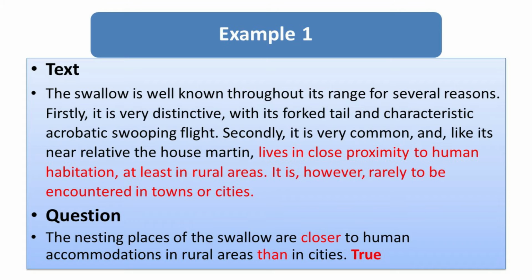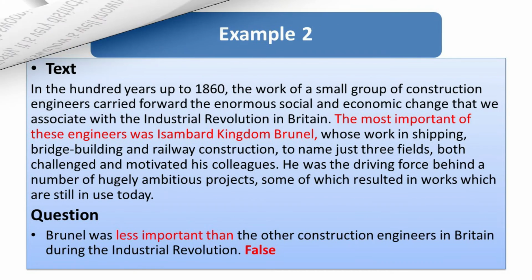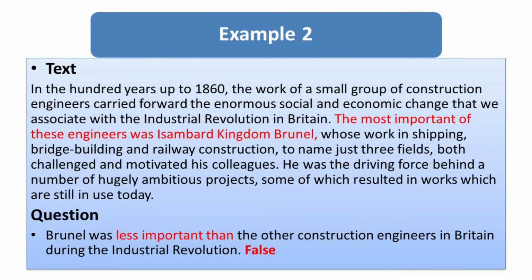When we read the text, we see that it is saying the same thing. In rural areas, swallows live quite close to the human population. But this rarely happens in towns or cities. Therefore, the answer is true.